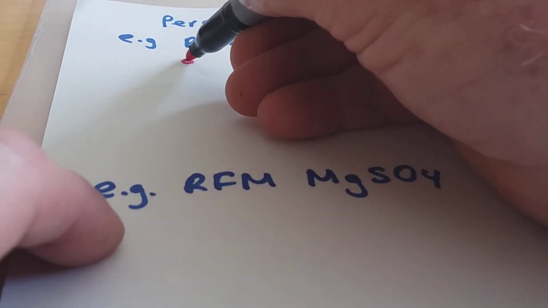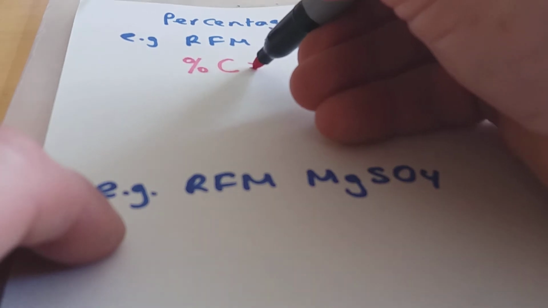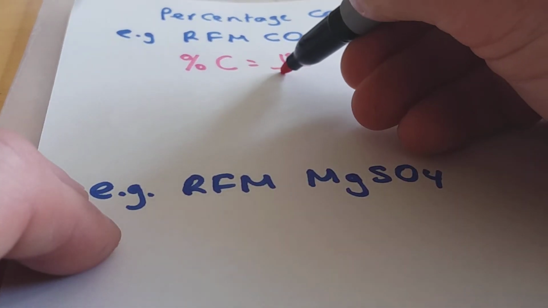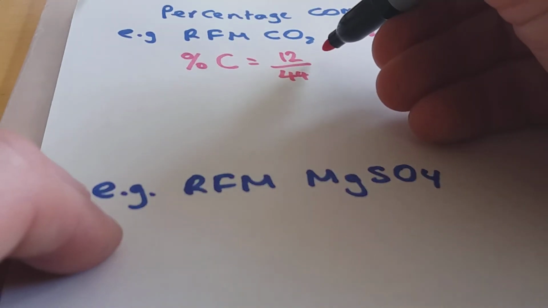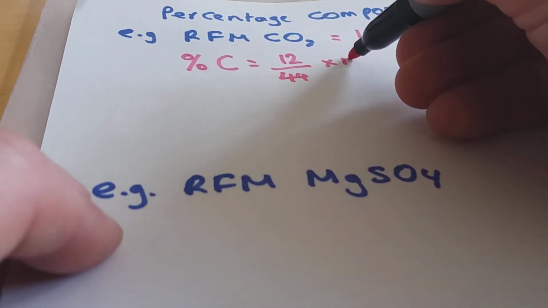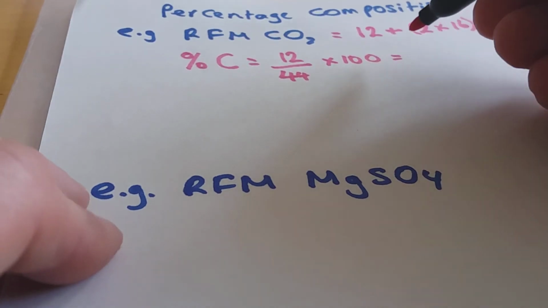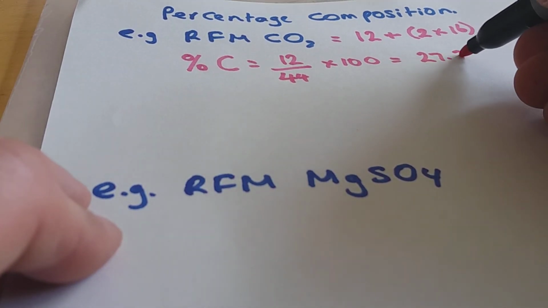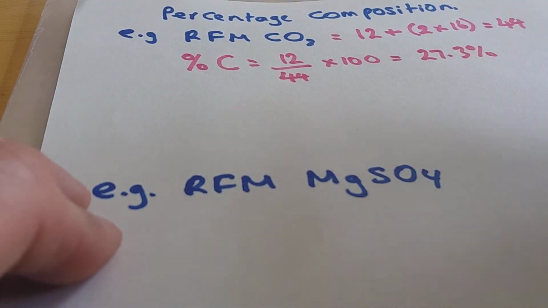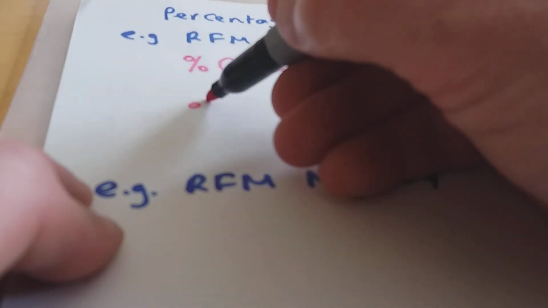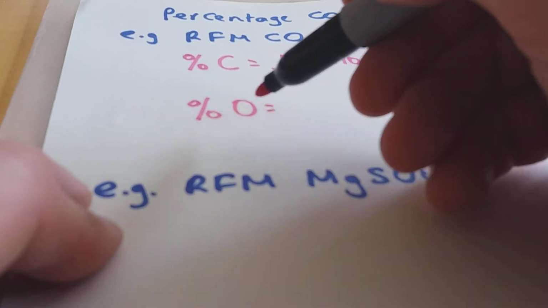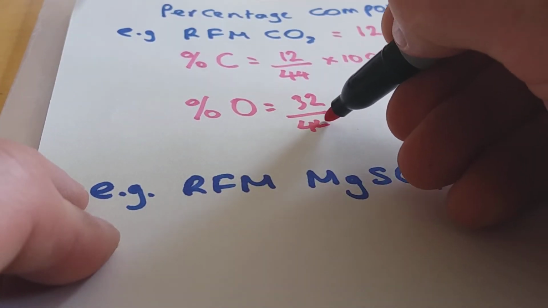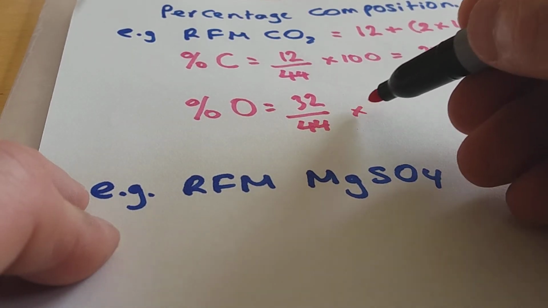Now, the percentage carbon will be the mass of carbon present divided by the relative formula mass times 100. And when you work that out, that will come out as 27.3%. The percentage oxygen will be 32 divided by 44 times 100.